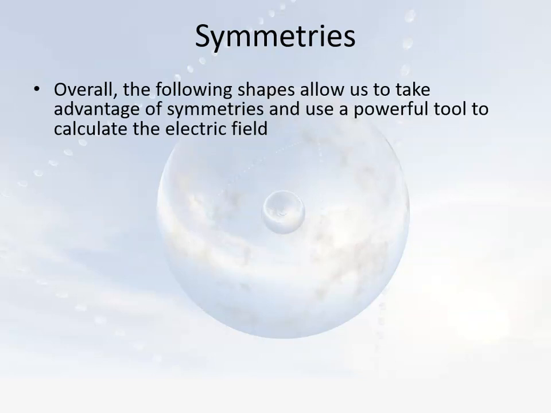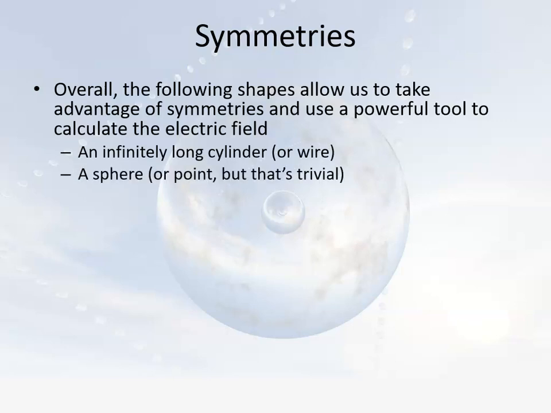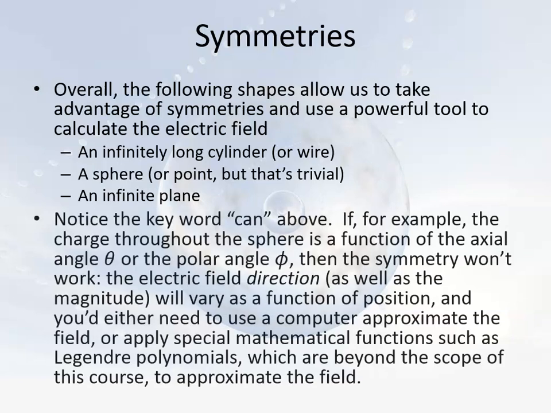So overall, there are basically three shapes that will allow us to use the tools that we're going to develop: an infinitely long cylinder, like what we just discussed, a sphere, or a point for that matter, which is a trivially small sphere, and an infinite plane, or a bunch of infinite planes stacked on top of each other.